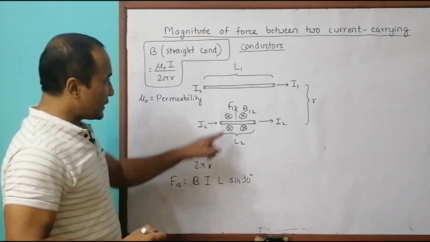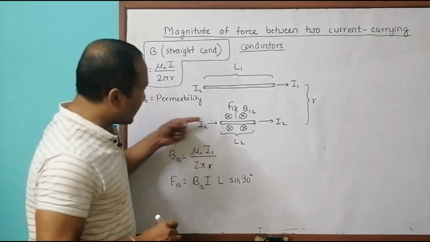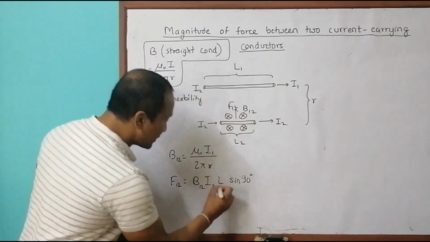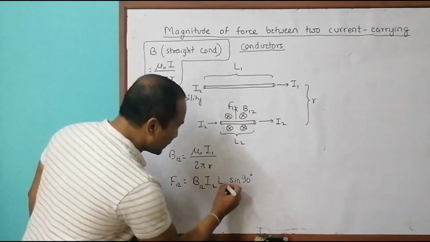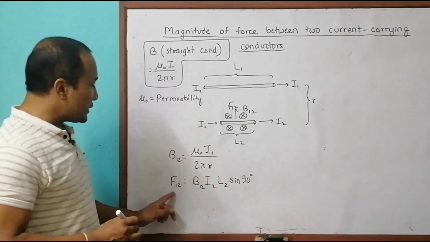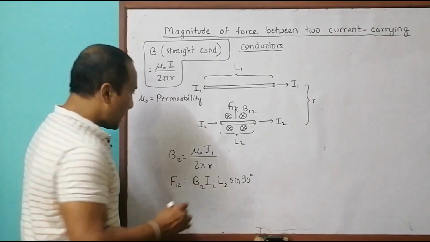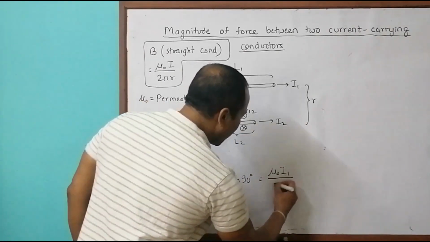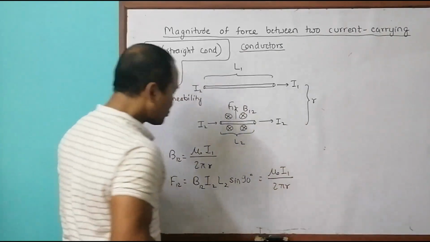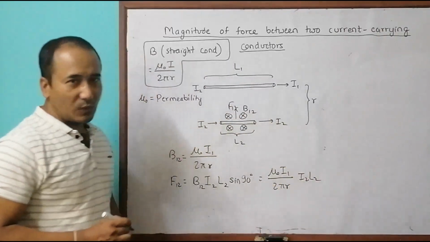Now what is B? The B here is B12. What is I? The current flowing here is I2, not I1. I1 is something else. And the length is L2. So F12 is equal to B12 I2 L2 sin 90, and B12 is equal to mu naught I1 by 2 pi r. Then sin 90 is 1.